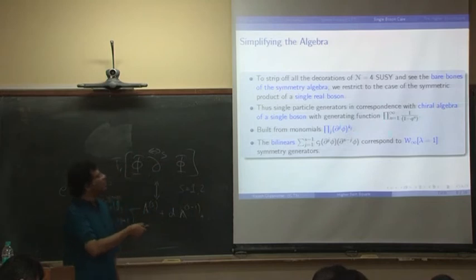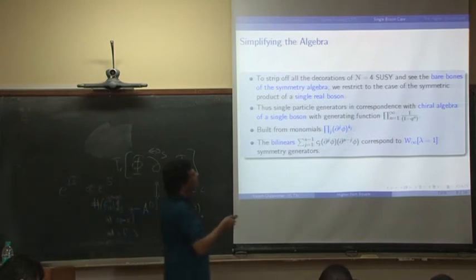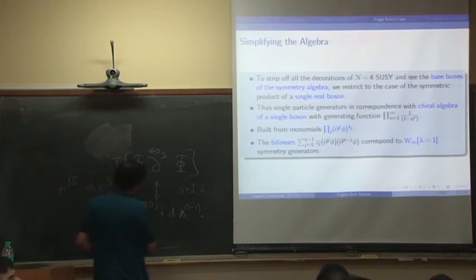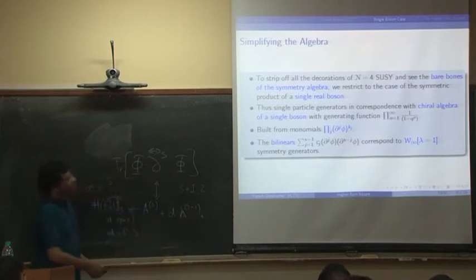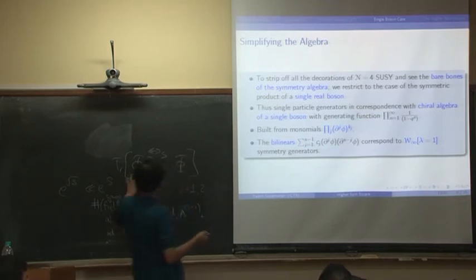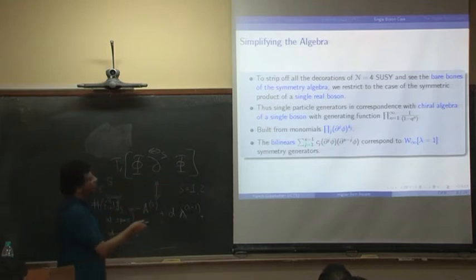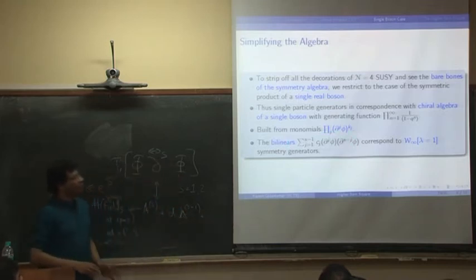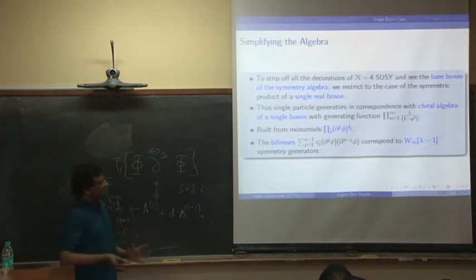So all of these, the single particle ones, will be symmetrized combinations of these. In particular, there's a subset of these monomials which are the ones which are bilinears in the current, sort of like what I wrote over here, with some coefficients. This subset is the subset that corresponds to the Vasiliev type fields.